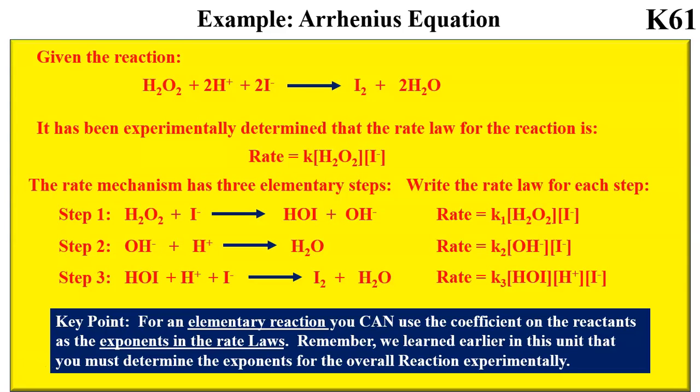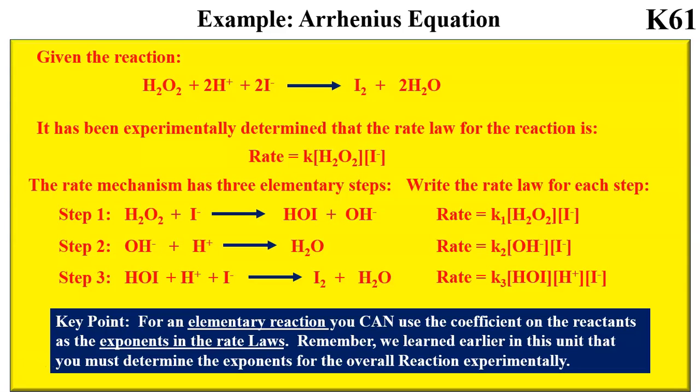So let's look at step 1. H2O2 has a coefficient of 1 because there's no number there. So that means over on the right where the rate law for step 1 is, H2O2 is raised to the first power. I- has no coefficient, which means it's 1. So the exponent for the I- concentration in the rate law for step 1 is also 1. In fact, you'll notice all the coefficients in all these reactions are 1.